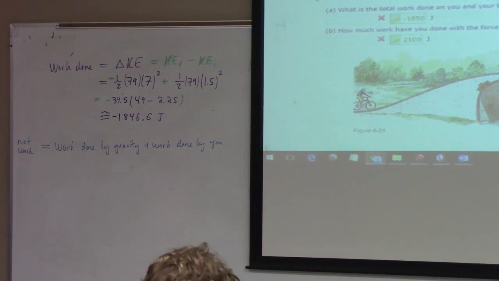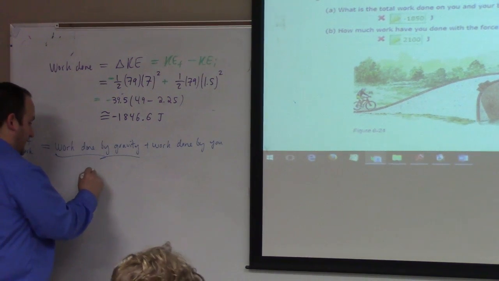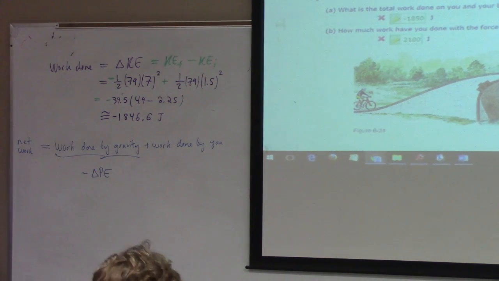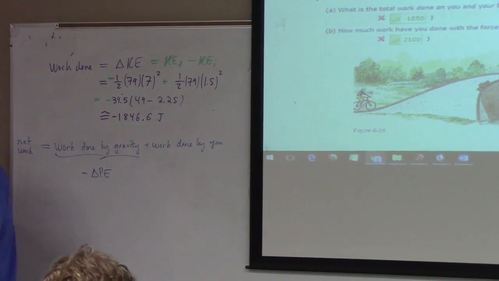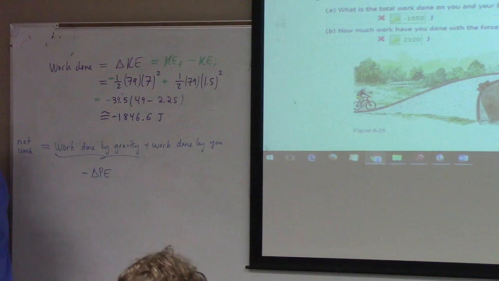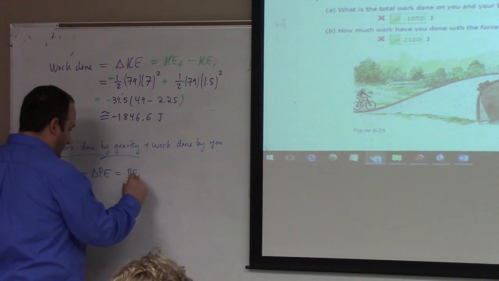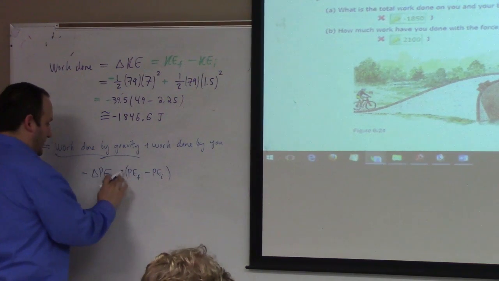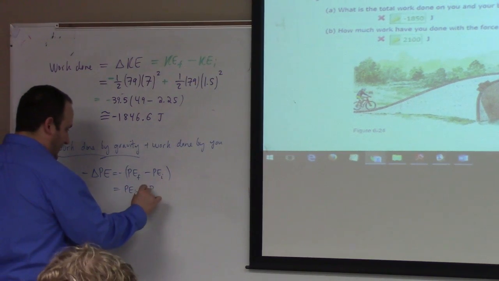So what is the work done by gravity in this situation? It's equal to minus the change in potential energy, which should be PE final minus PE initial with a minus. In other words, PE initial minus PE final.